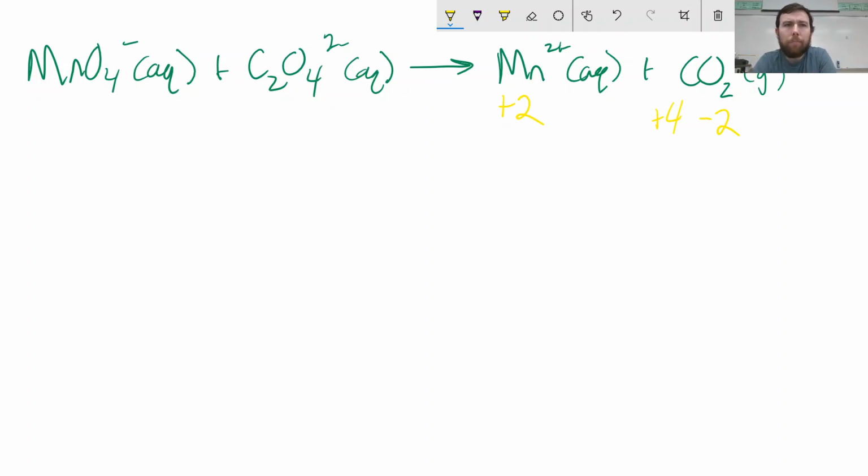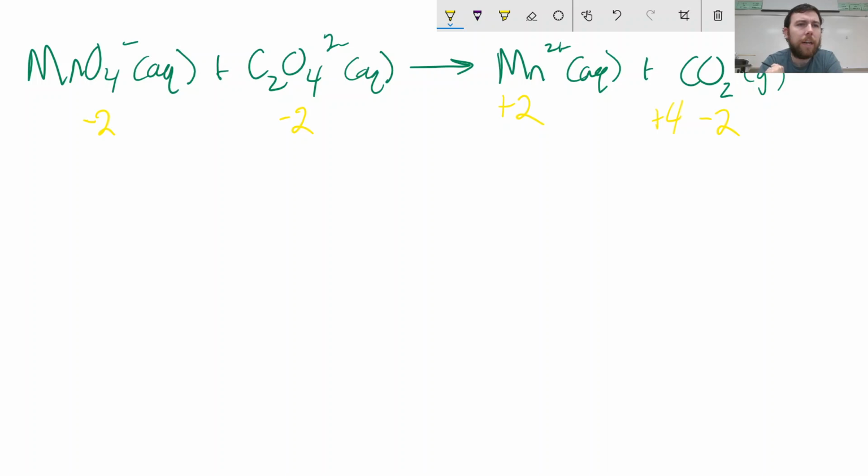Now, looking at what we're dealing with on the reactant side, I've got oxygens again, so each oxygen in this case has that -2 oxidation state, which doesn't change. Now, interestingly enough, we've got manganese that's paired up with oxygen. If we're trying to figure out what it is, we've got a total of -8 due to the oxygen because we've got 4 of them.